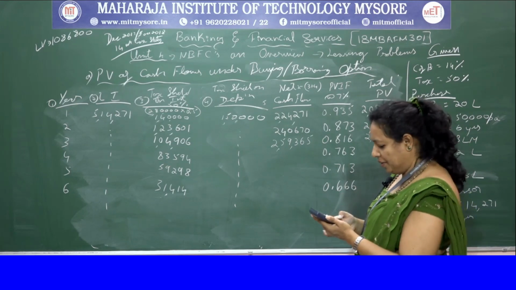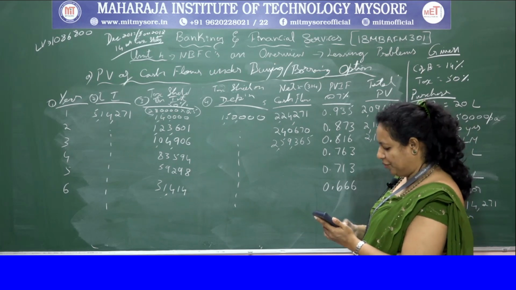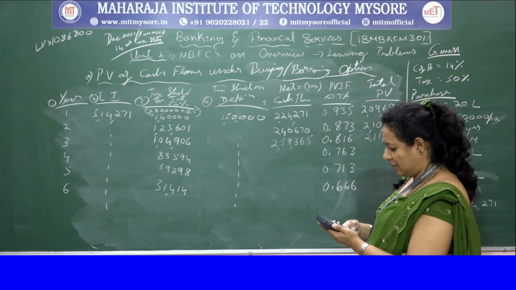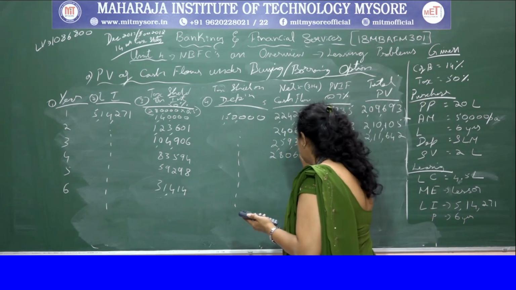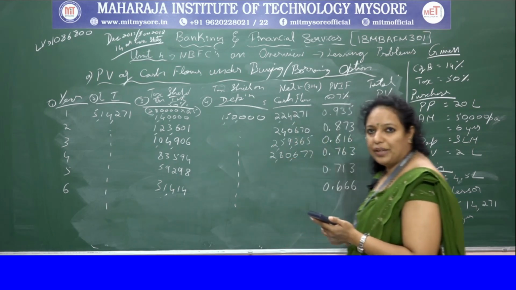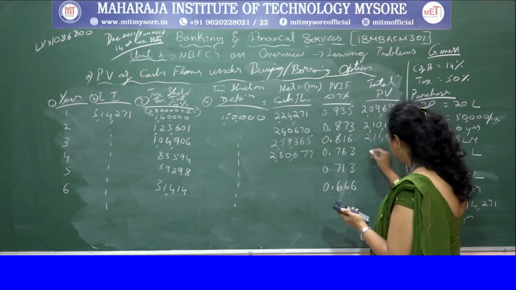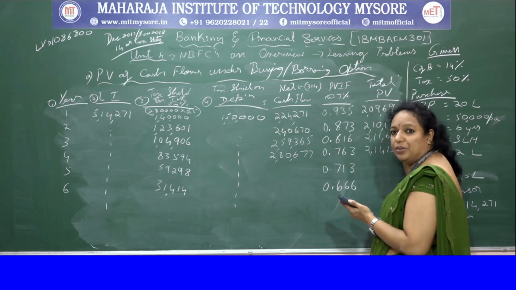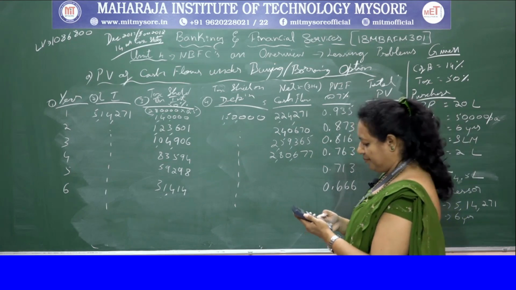The next is 83,594 plus 1,50,000 minus 5,14,271. You get 2,80,677. Into 0.763, you get 2,14,015. For individual point variations, don't mind.